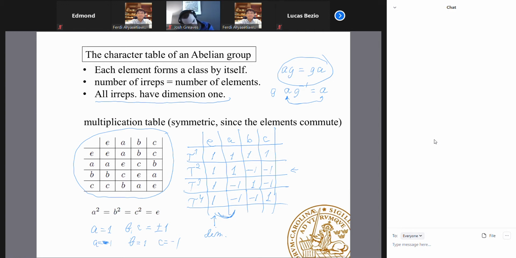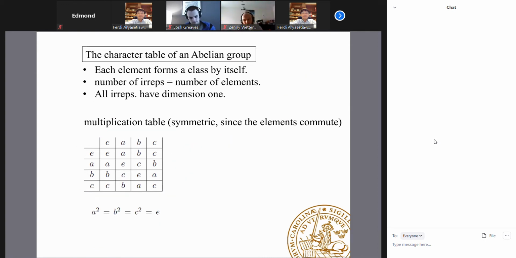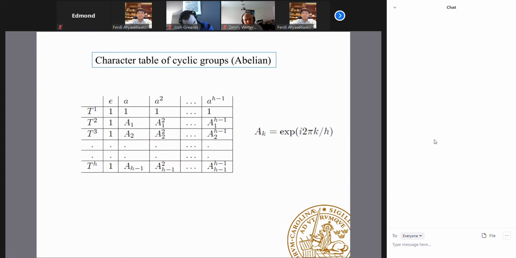So let's consider another example. Let me erase this. Another particular group that has a kind of well-defined character table is the cyclic groups.